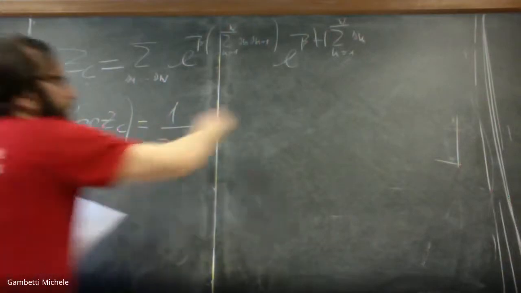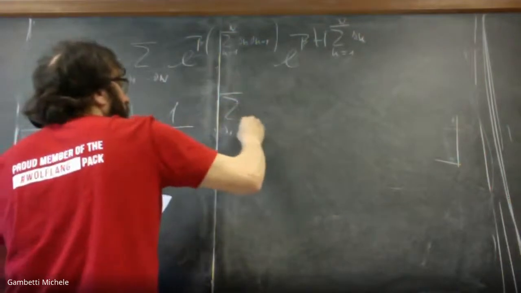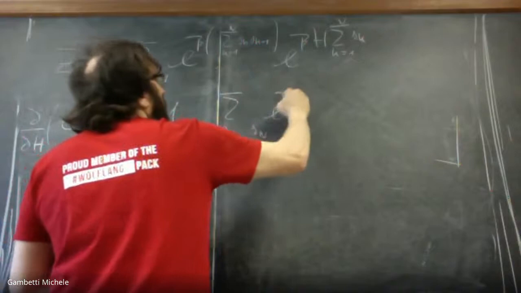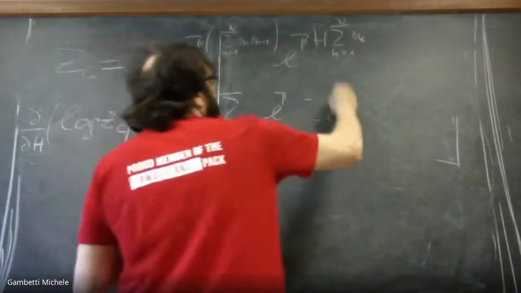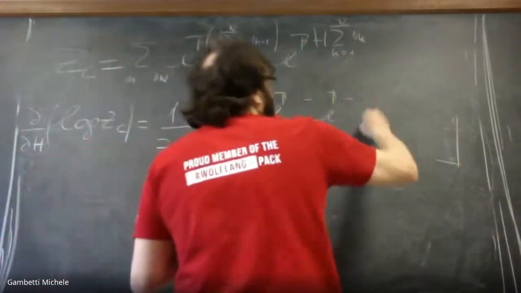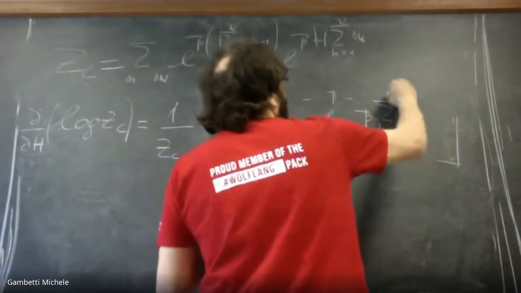And when you do the derivative with respect to H, you get the same structure as the sum over s_1 to s_n of e to the beta blah blah, so the same really structure, times beta sum from k equals 1 to n of s_k.